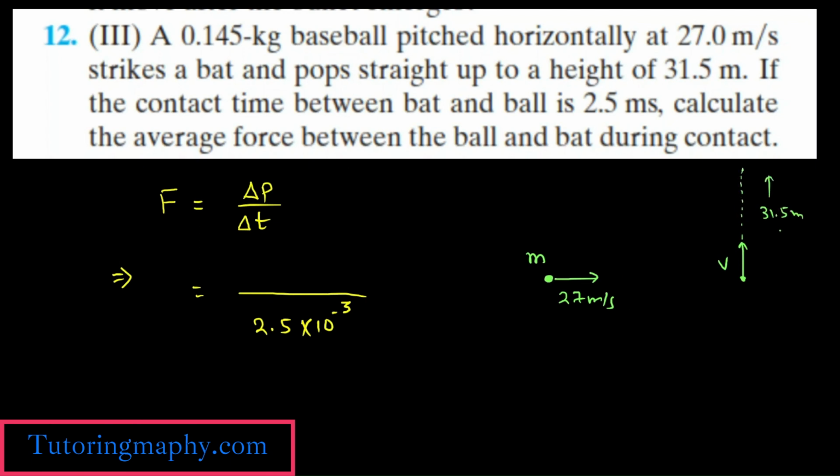This is the only thing which we know. So using kinematics, we need to find the unknown velocity v, because only when we know the unknown velocity, we have the momentum. And only when we have the final momentum, we can find the change in the momentum.